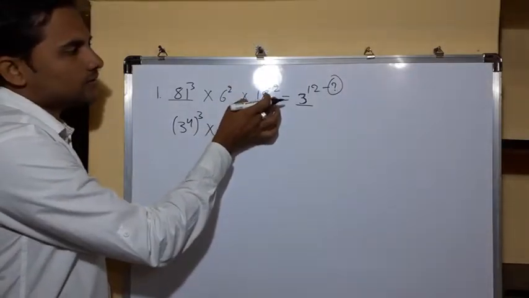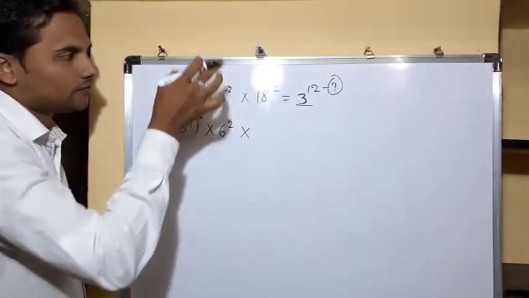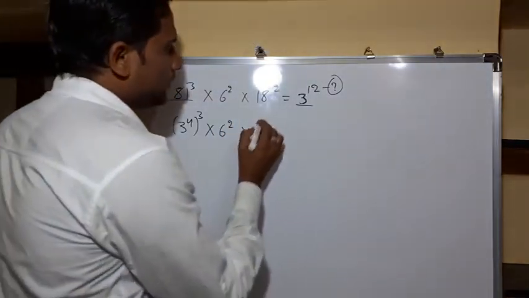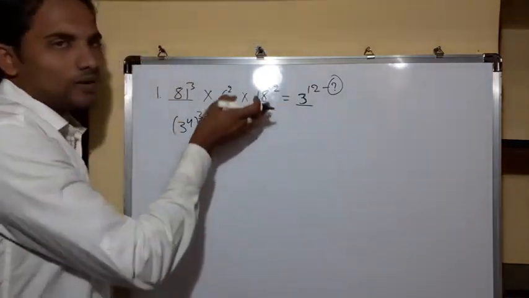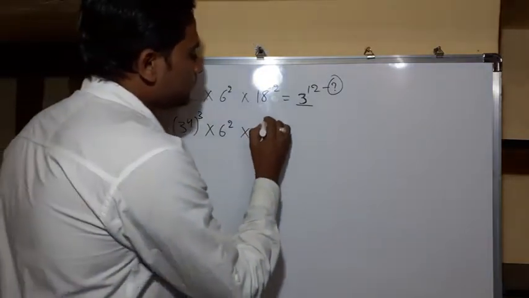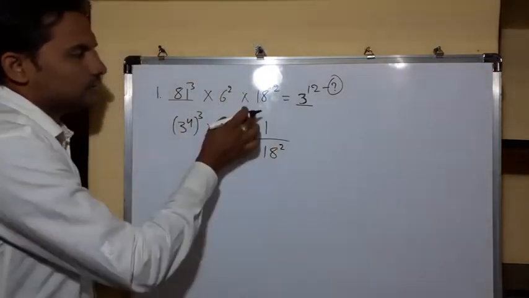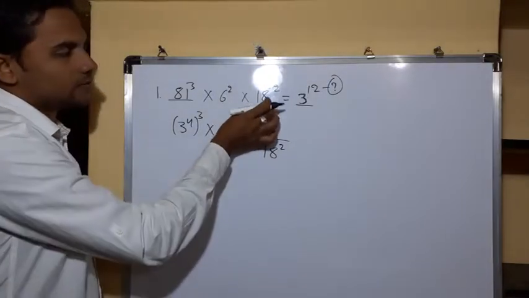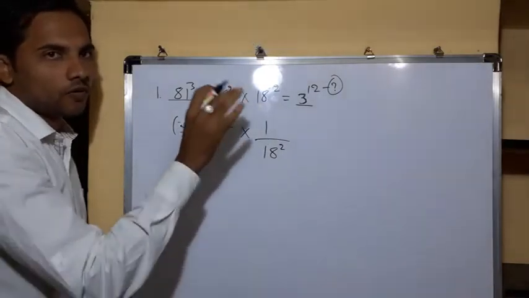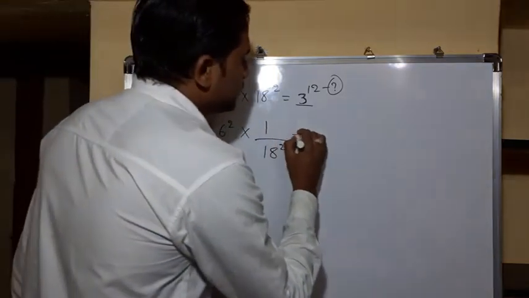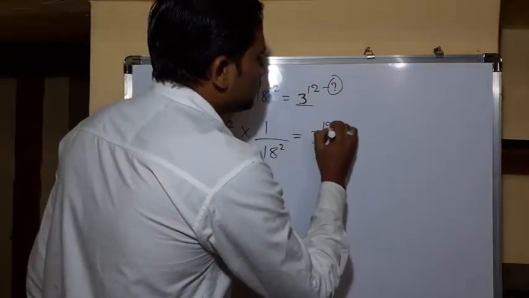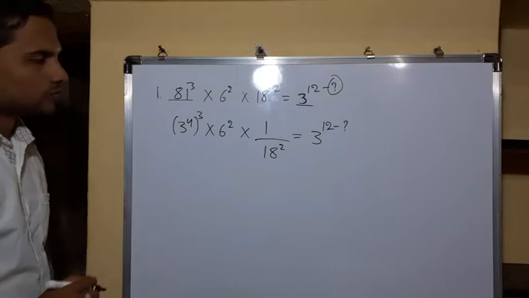What it says: whenever there is a negative power, we can write it in the form of 1 by whatever the term is. So 1 by 18 square. This is what the law of negative power says. Whatever may be the term, you have to write it in the form of 1 by it. So 3 raised to 12 minus question mark.